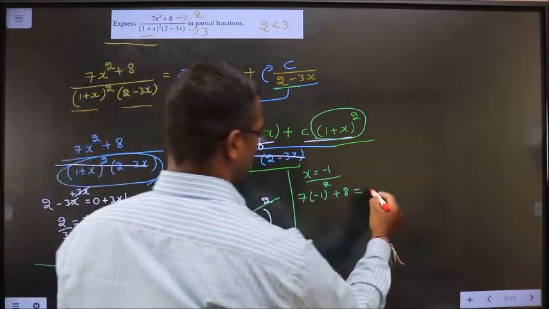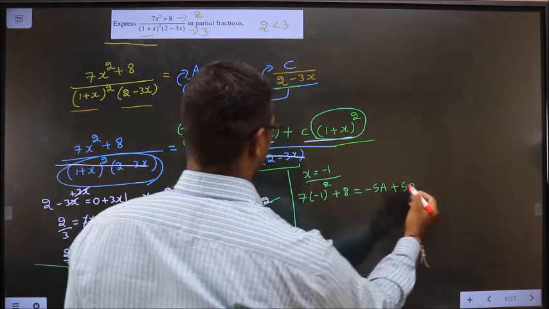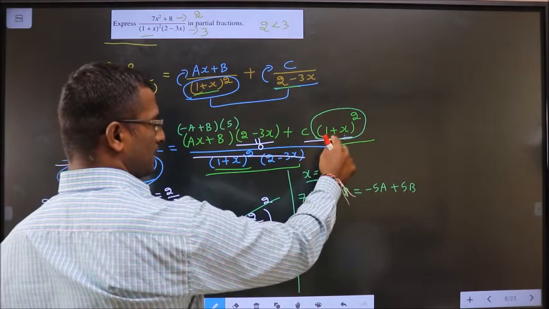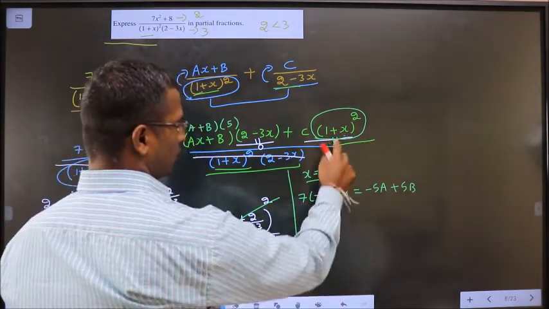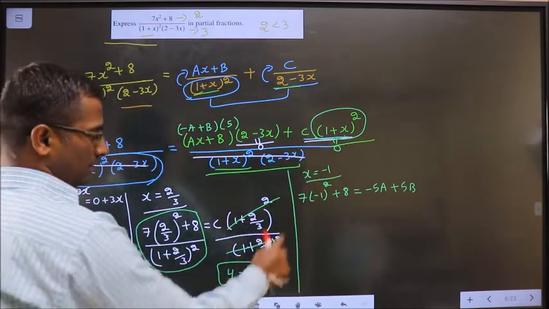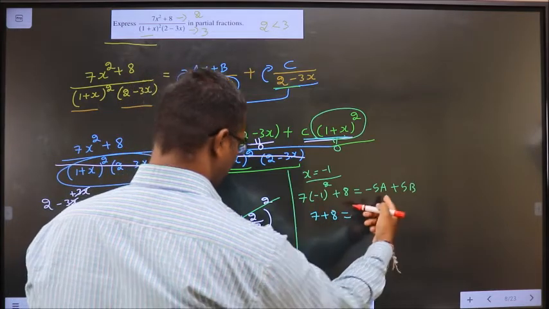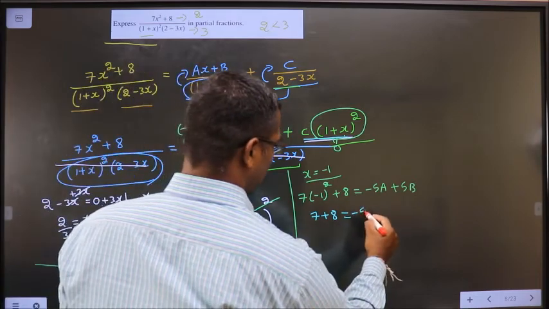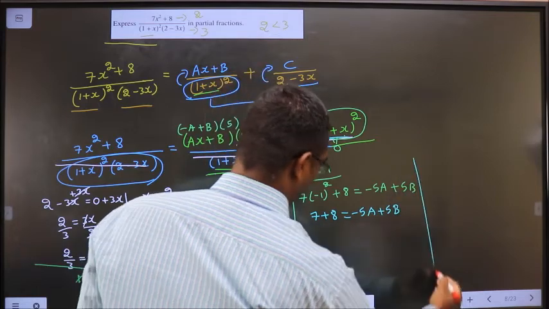So I get minus 5a plus 5b. Okay, and over here when x is minus 1, this will become 0. So 0 into anything, gone, 0. Now 7 into minus 1 whole square is 7 plus 8. Over here nothing to be replaced, so I write that as it is, minus 5a plus 5b.